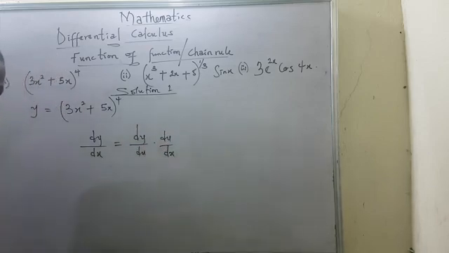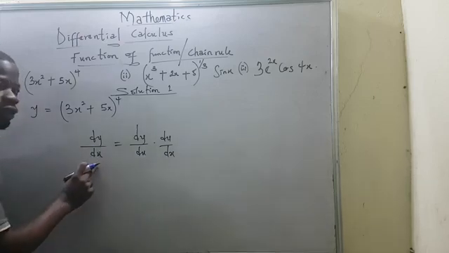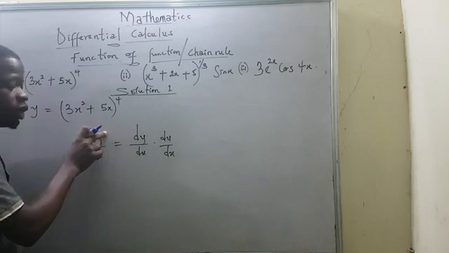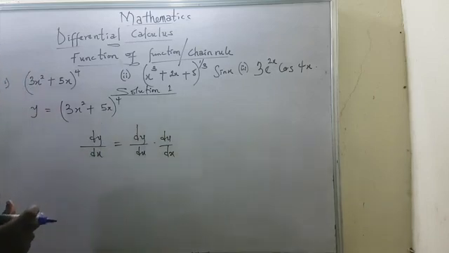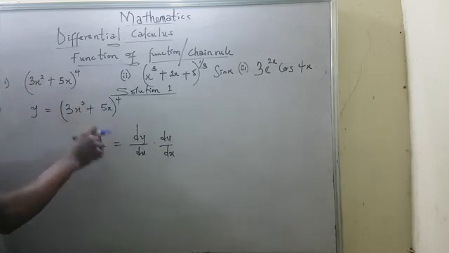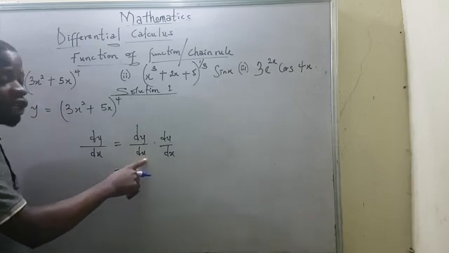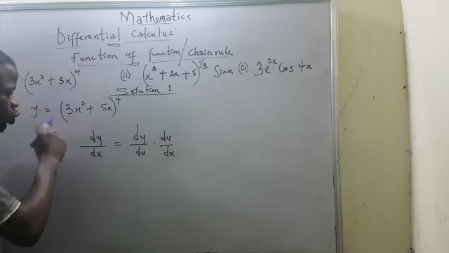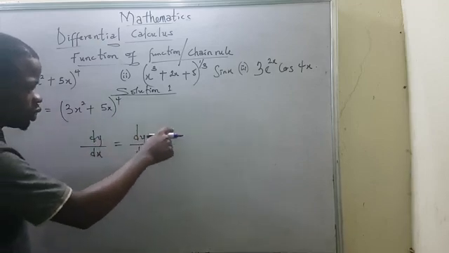You don't need to cram this. First start with this. You bring in another function, you bring a function out of this function. I'll call it u. So we differentiate that with respect to u. So you have dy/du times du/dx.